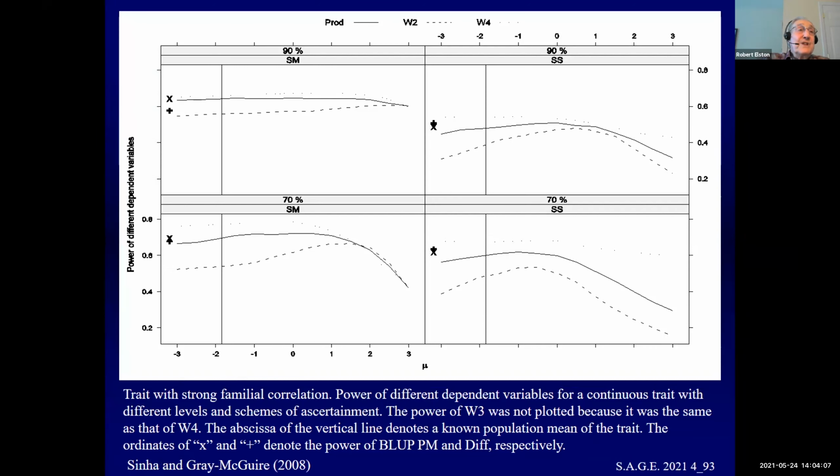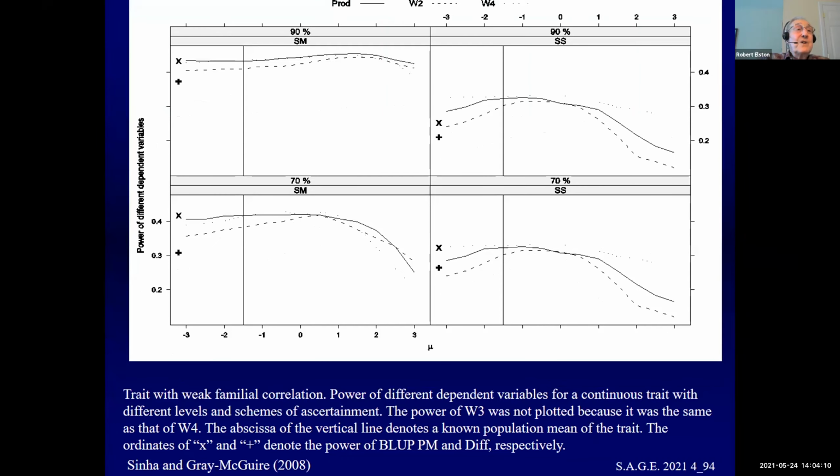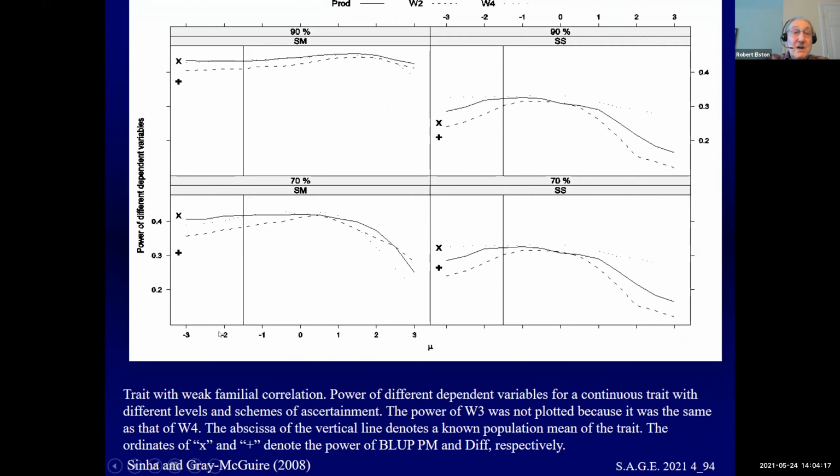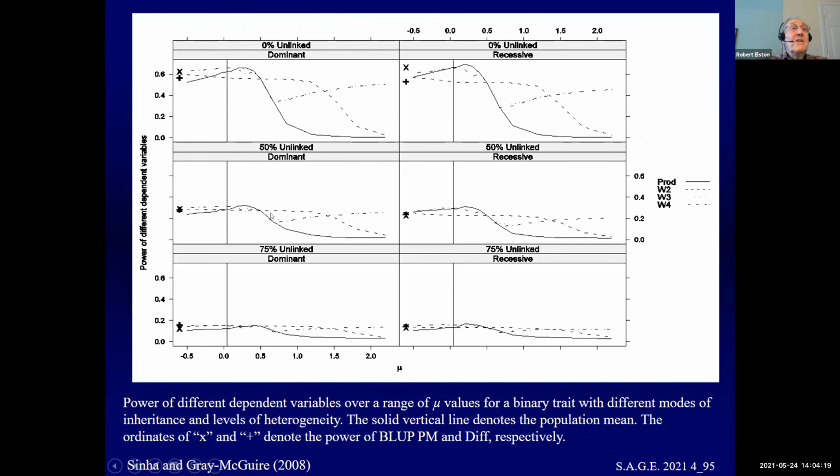I'm not going to go through these graphs in detail. You can see how you can sometimes get more power. If all the pairs are linked, then you get quite a bit more. If it's unlinked, or dominant or recessive, sometimes you get more power.